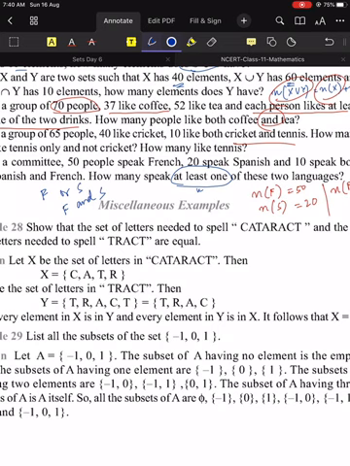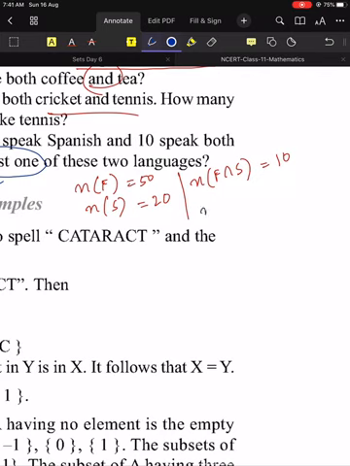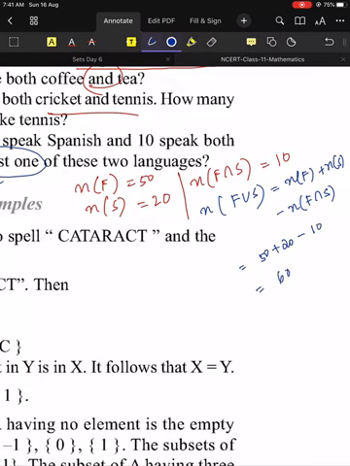So when they ask this, they want us to find N of F union S. Please try to write all of those things like in the previous questions, as I defined them: F is the set of people who speak French. So this will be NF plus NS minus N of F intersection S, clear? That is 50 plus 20 minus 10. So how much is that? It is 60. So that's my answer. Okay, clear?